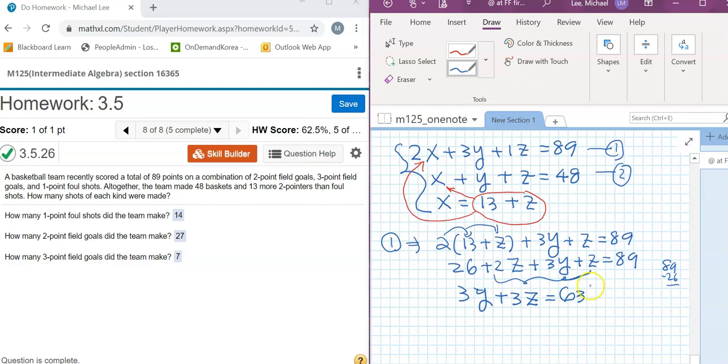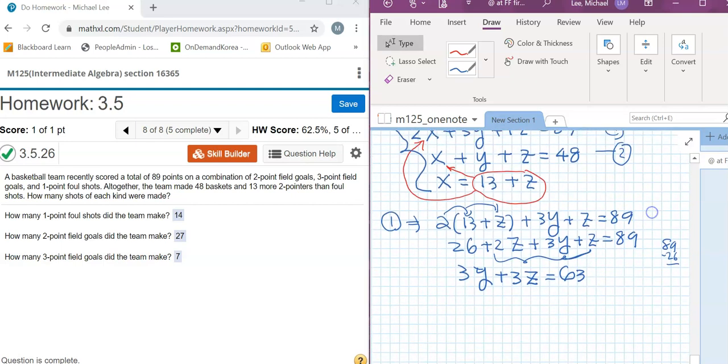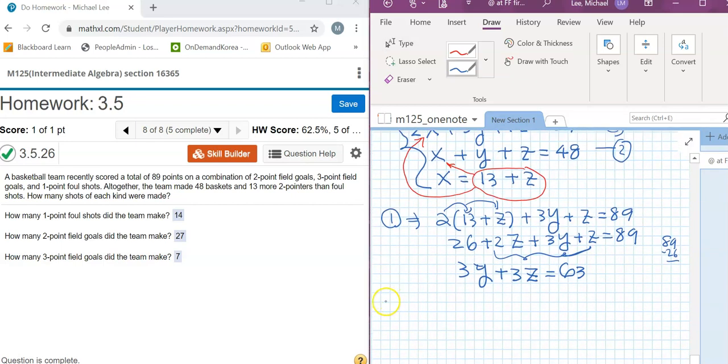Now from 2, when I substitute, 13 plus Z plus Y plus Z equals 48. I'll call this number 3.